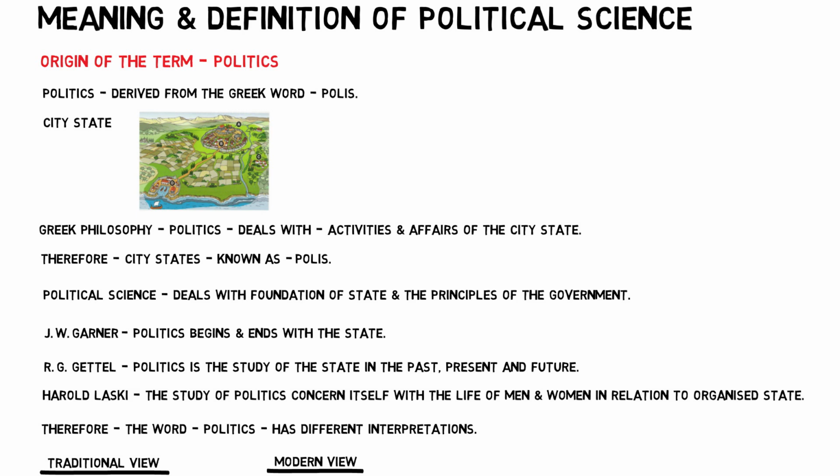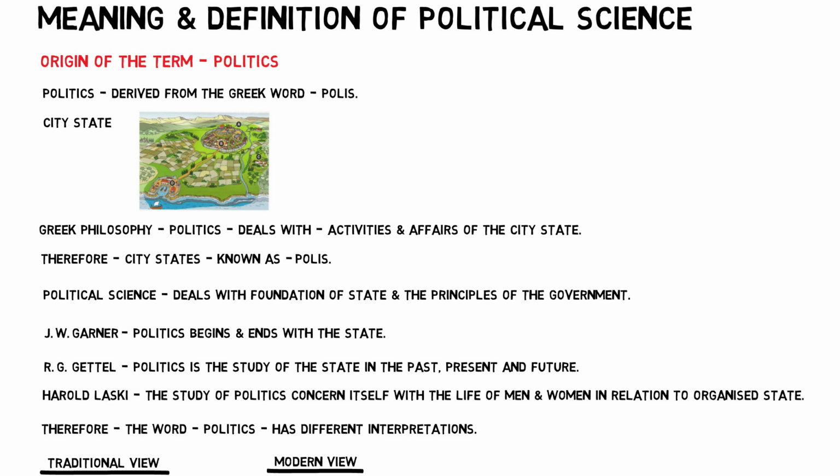If you look at these three definitions, we get a broad understanding that different scholars have interpreted politics differently from time to time and from century to century. Therefore, to understand these two interpretations, we have to understand it from the traditional view perspective and the modern view perspective.